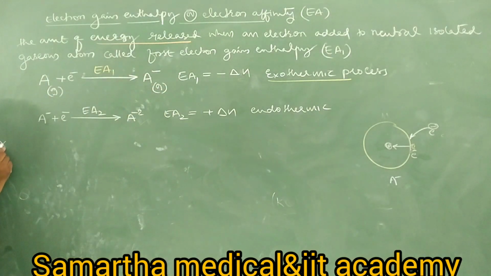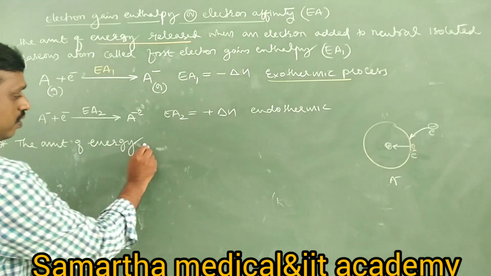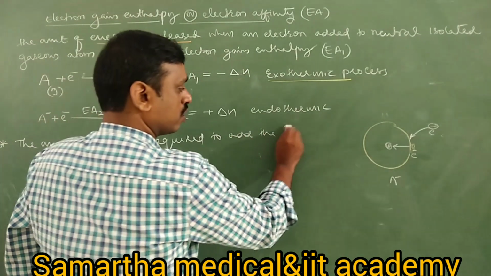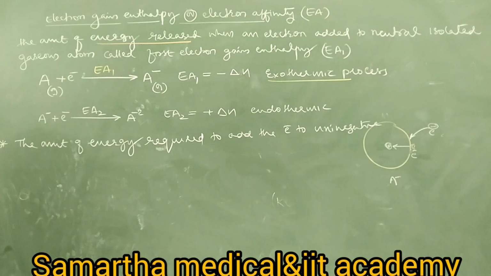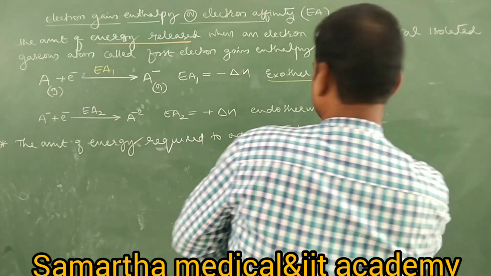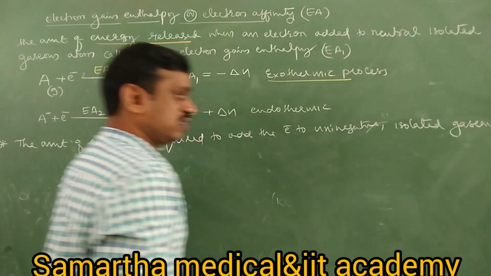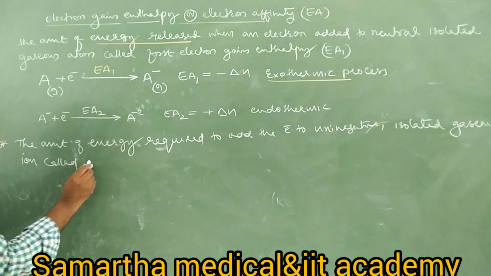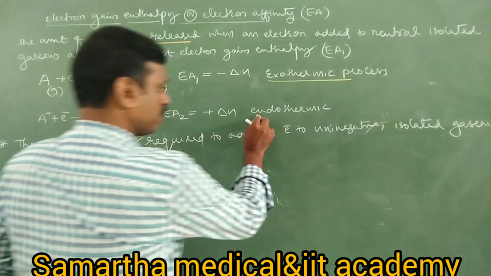The amount of energy required to add an electron to a uni-negative, isolated gaseous ion, both in the outermost orbit of course, is called second electron gain enthalpy. So it is always an endothermic process.